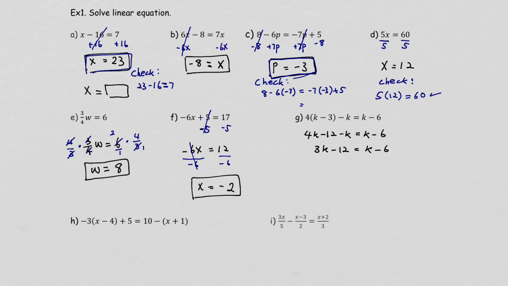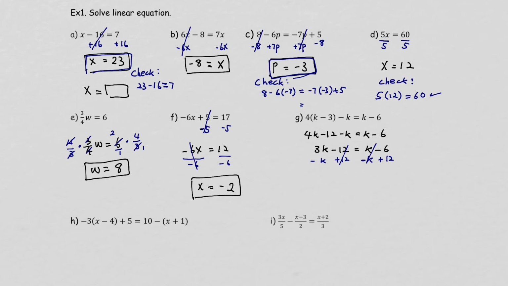And then let's see which side I want to move. If I move the number with the variable to the left side, it will make it positive because 3k was bigger, right? It means I'm going to move the number to the right side.